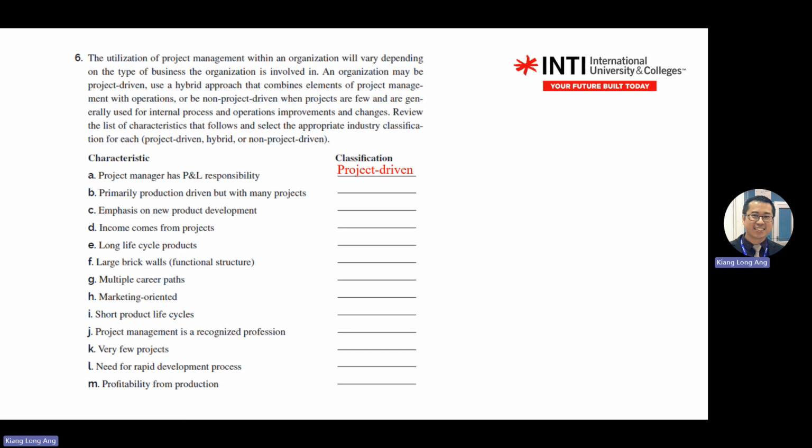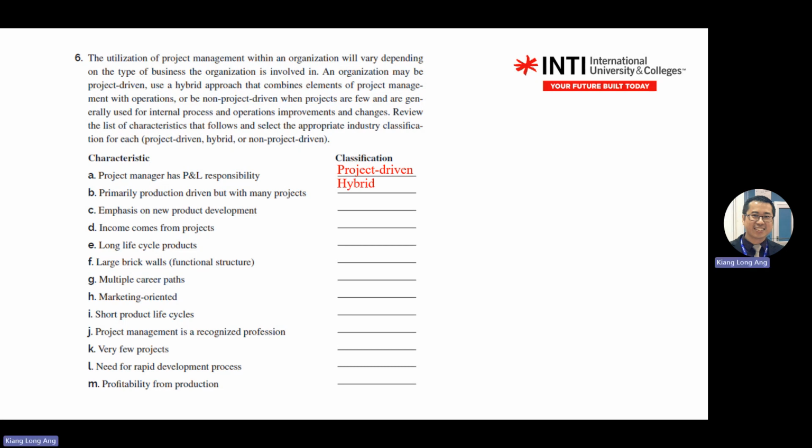Okay, the second one, primary production driven, but with many projects. With many projects, you know this one is non-project driven already. Sorry, project driven and non-project driven, okay, this one is hybrid.